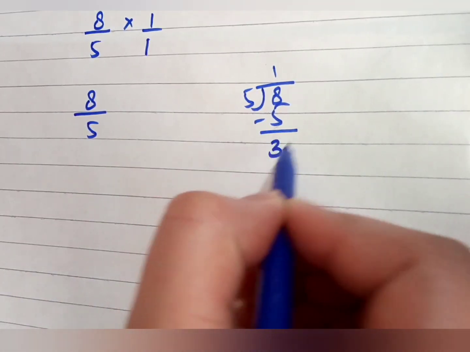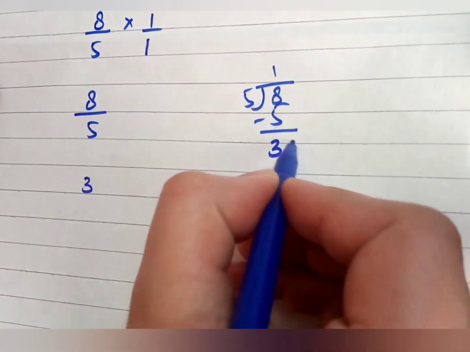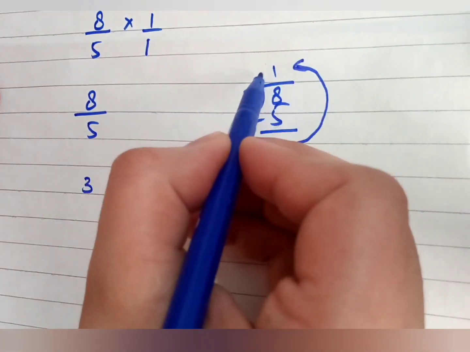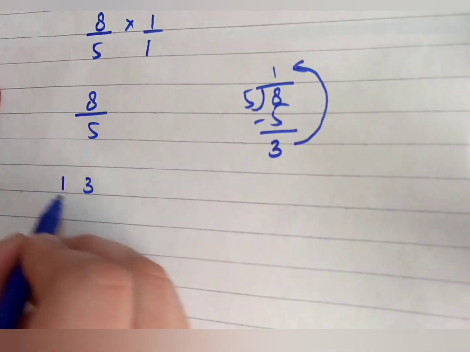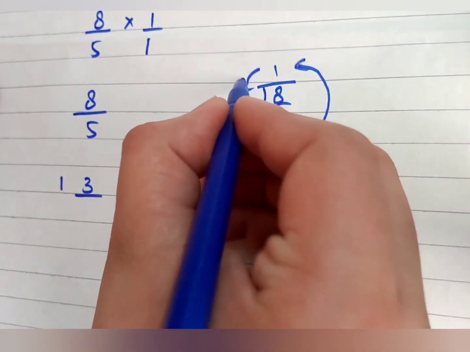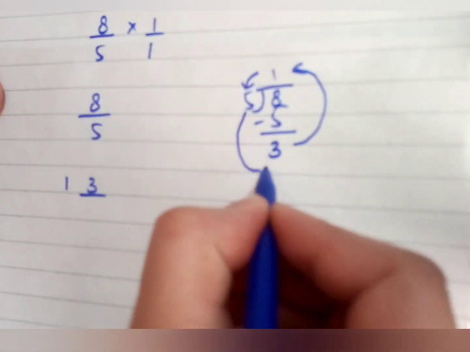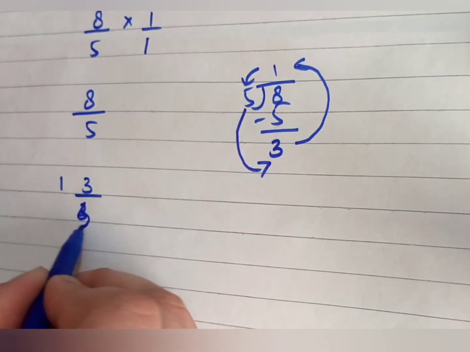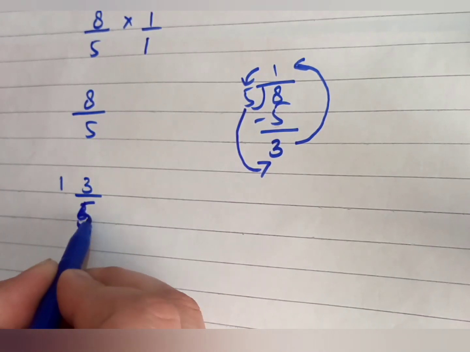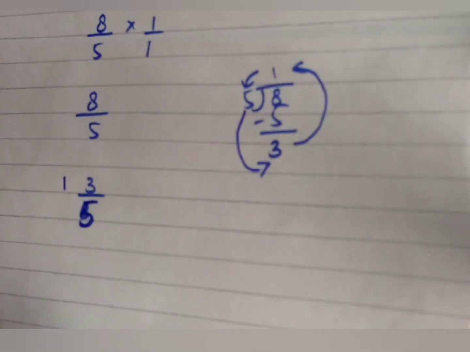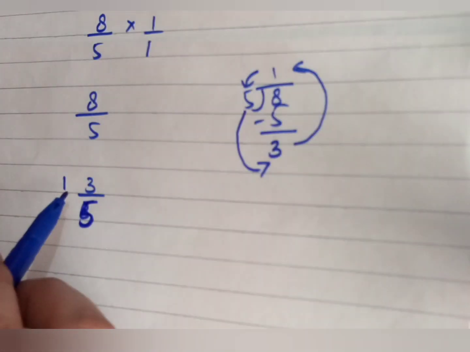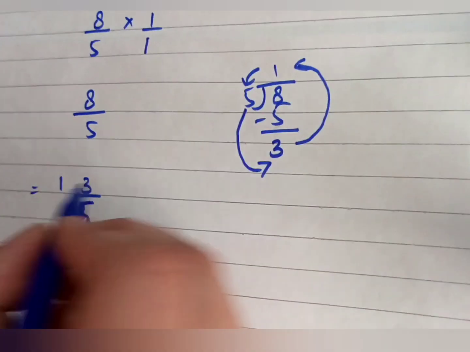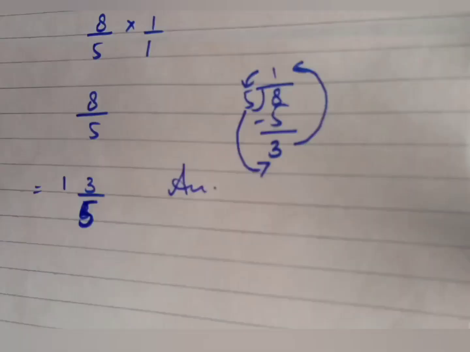Write down your remainder on the top, your quotient on the left side, and your divisor as the denominator. So now we have the mixed form, that is 1 whole 3 by 5. That is all about your part A.